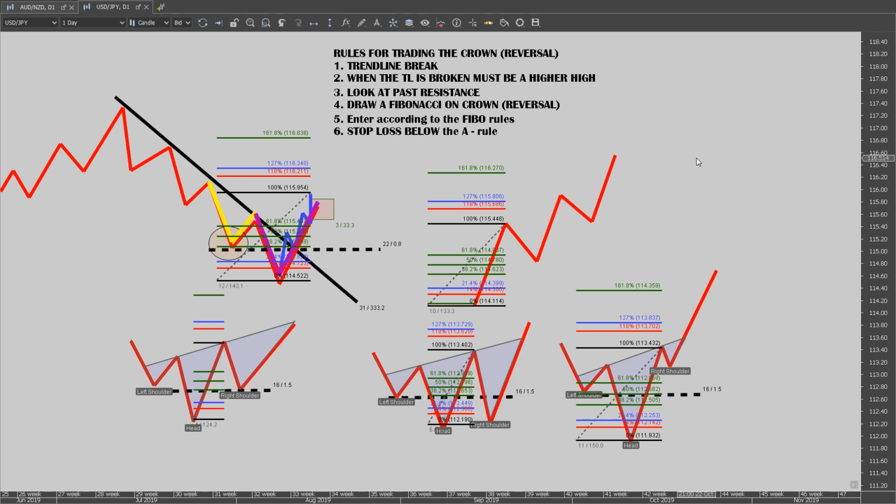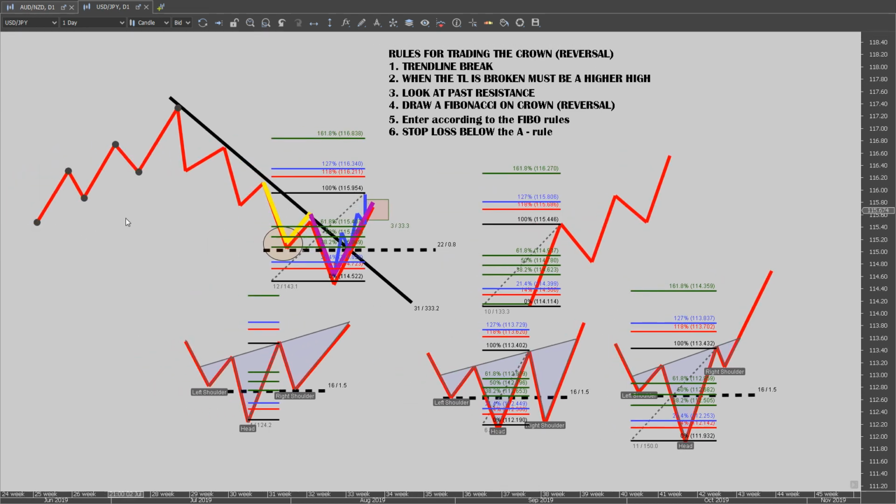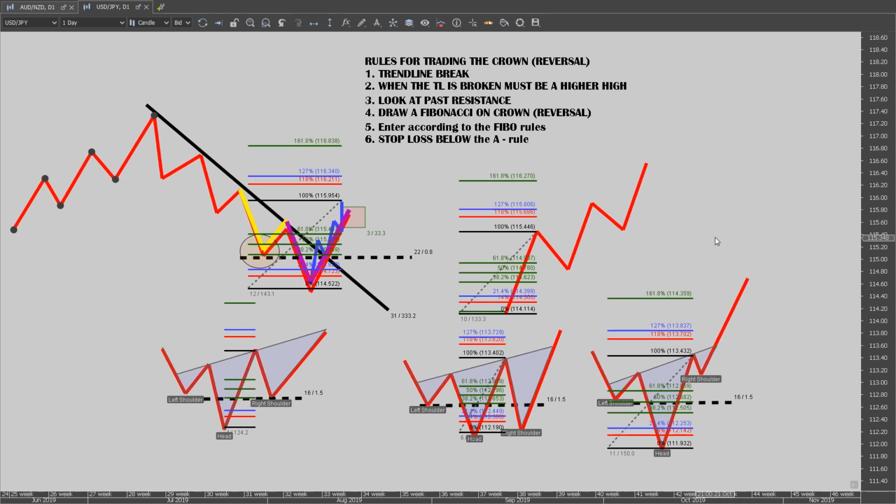Okay, this is a rule. No C's. Oh, but it's a confirmed C. I don't care. Stop loss below the A. Okay, this is go. And as always, you can listen to me or you can do whatever you want, but if you put your stop loss below the A, it's going to increase your probability of winning.